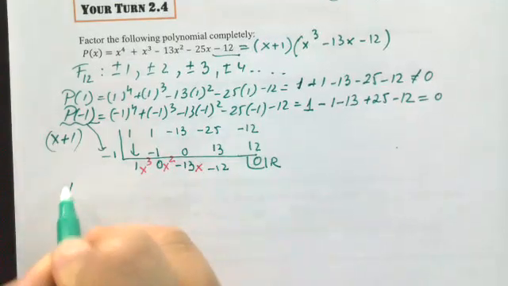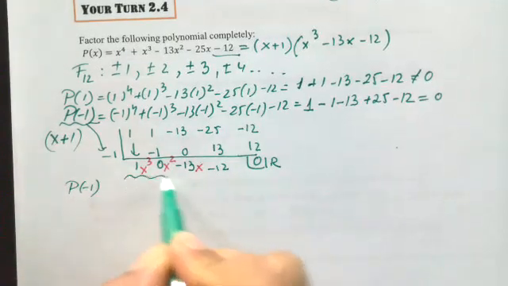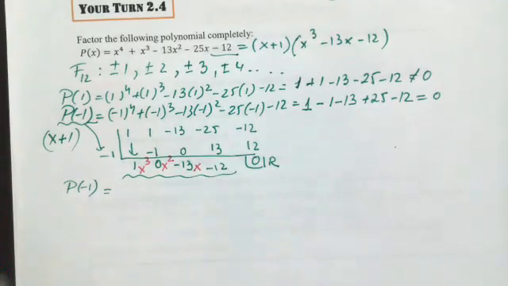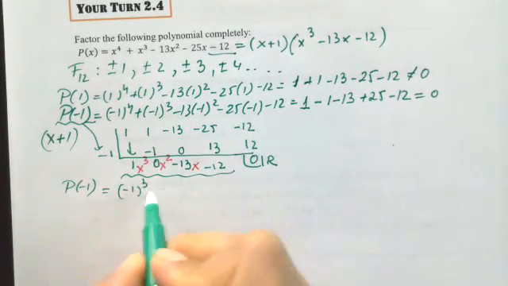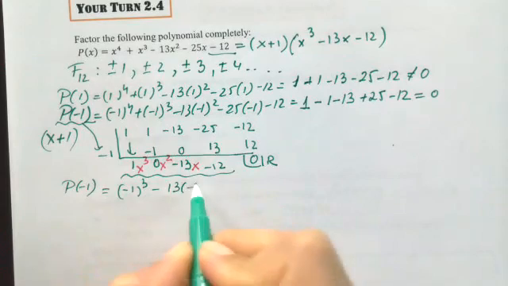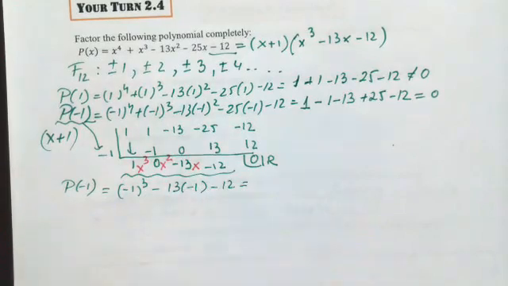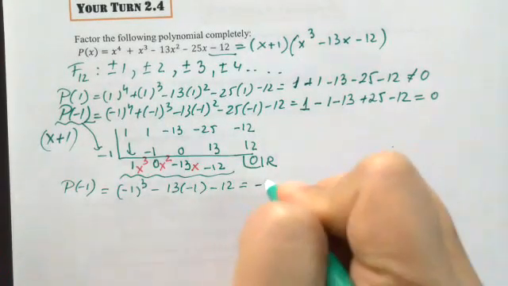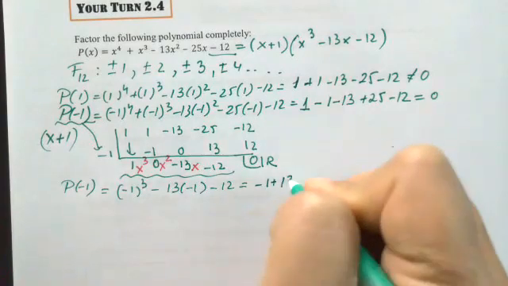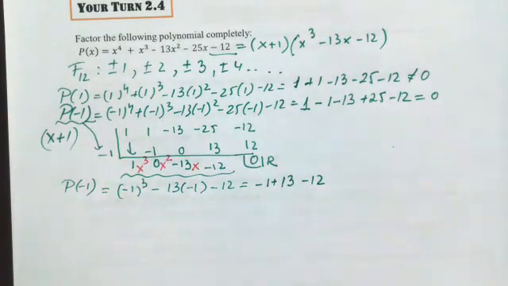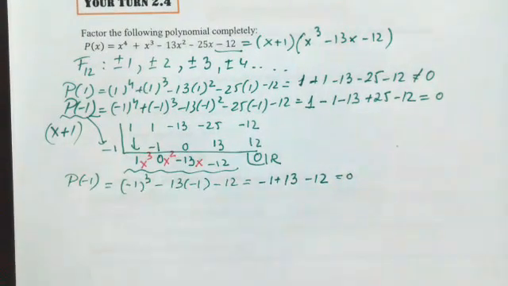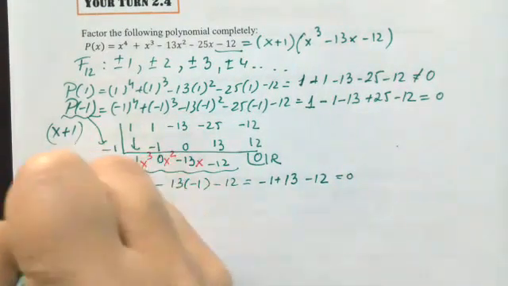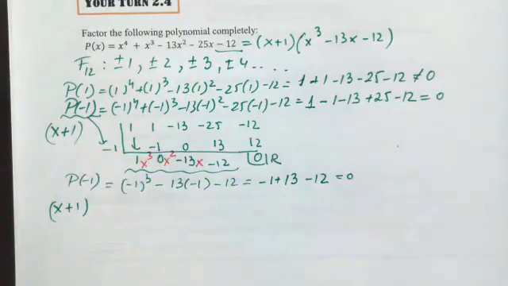So I check again, P of -1 into my quotient. So -1 cubed minus 13 times -1 minus 12. That's -1, plus 13, minus 12. Equals 0, right? You see, it appeared again. So we're going to have an x plus 1 factor again.